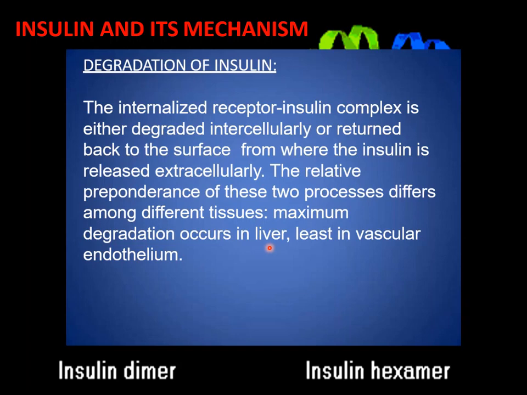The relative preponderance of these two processes differs among different tissues. Maximum degradation occurs in the liver, least in the vascular endothelium.